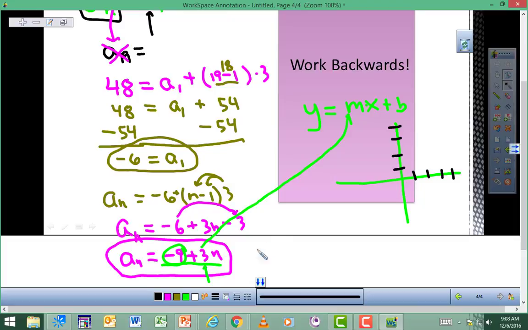Okay, so if I do n equal to 1, we've already seen that if you put a 1 in here, you get a sub 1 is equal to negative 9 plus 3 times 1, right? Which actually equals negative 6, right?